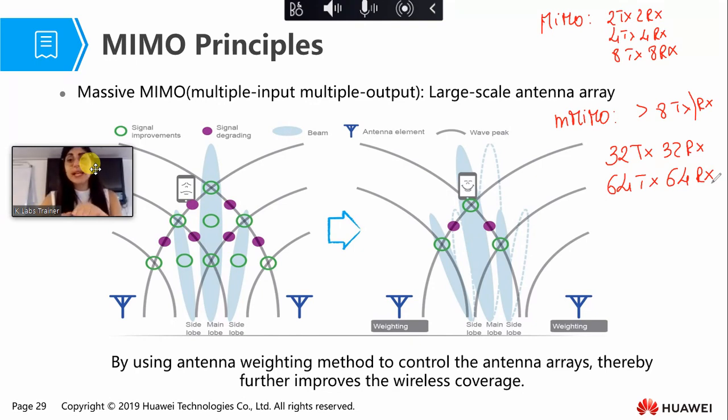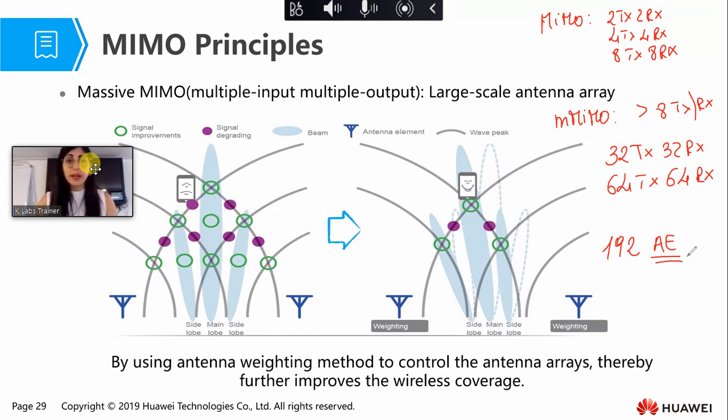Also, while using massive MIMO, we have a great number of antenna elements. So for Huawei, for example, in the active antenna unit of Huawei, we will find 192 antenna elements. With 192 antenna elements, the more elements we have, the narrower is the transmitted beam. And this increases the directivity.